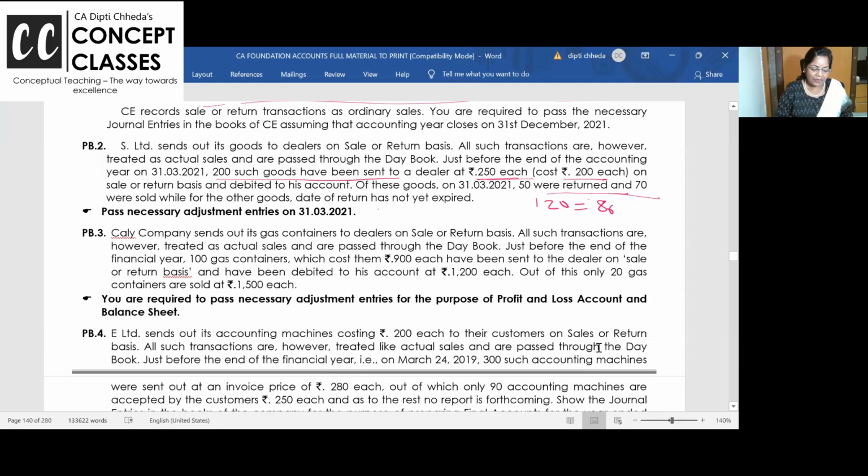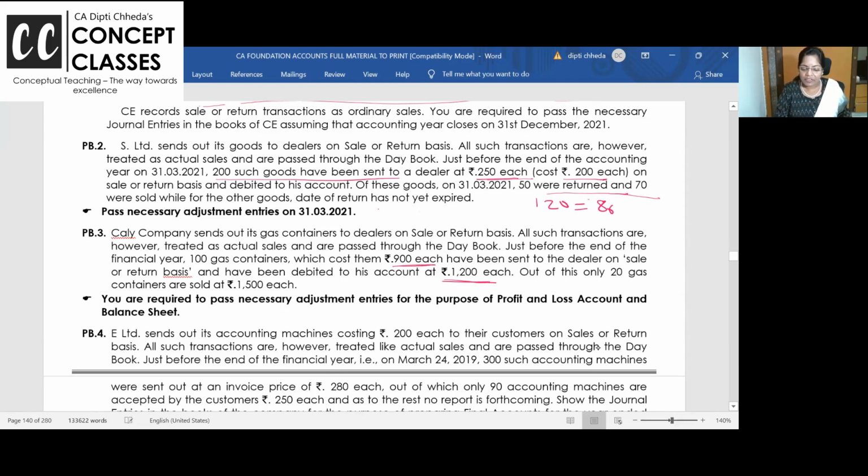Let us take up some more. One more entry I want to teach. Cali company sends out gas containers. All transactions are treated and passed through day book. Just before the end of the year, 100 gas containers which cost 900 each have been sent to dealer and have been debited at 1200. Now look at this. No need to make an equation. They have given it to you ready.